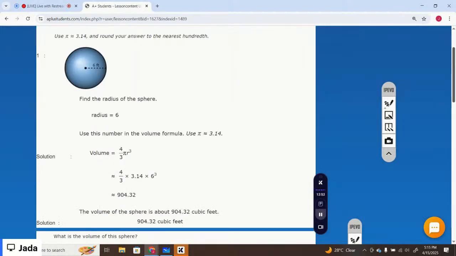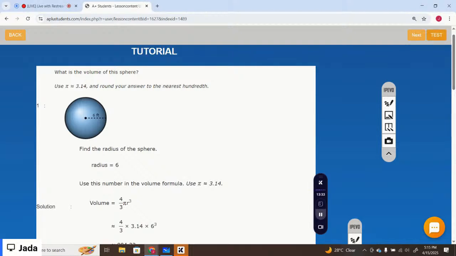The volume of the sphere is V equals 4 by 3 pi r cubed. That is 904.32. Let's start with the test questions.